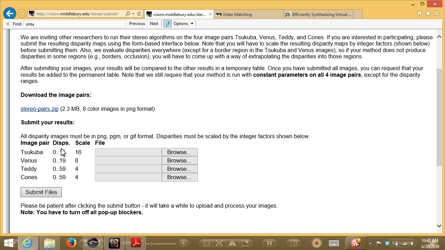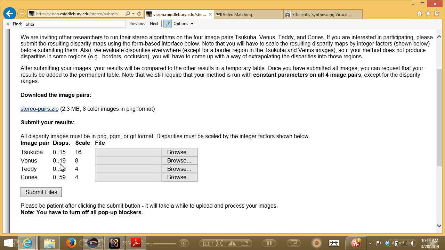Here, the Scuba stereo set, the one with the head and the table lamp, is constrained to have only 16 levels of disparity, so 0 to 15 are your allowable disparity levels. That's a very constrained problem.